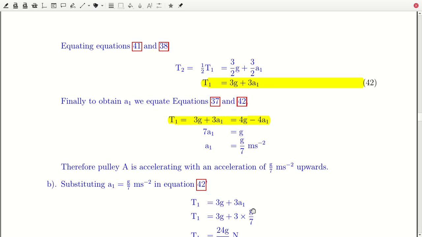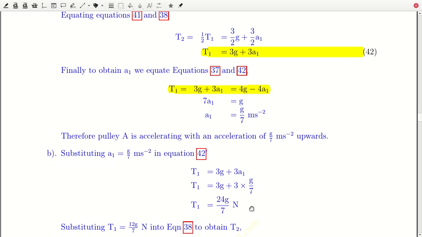So in my case, I just repeated, to make my life simple. So I finally got our acceleration as g over 7 meters per second squared. You can simplify it by substituting our g as 9.8 meters per second squared. So finally I have this.